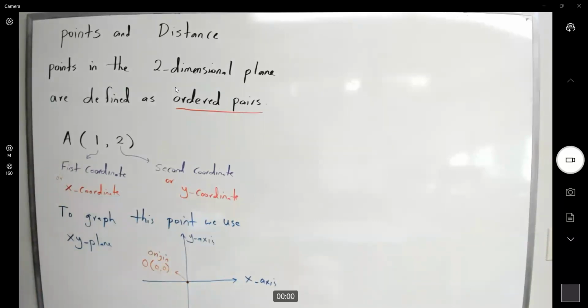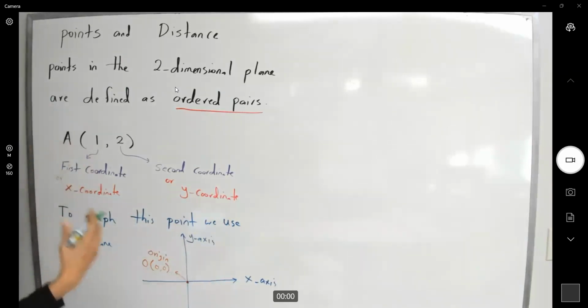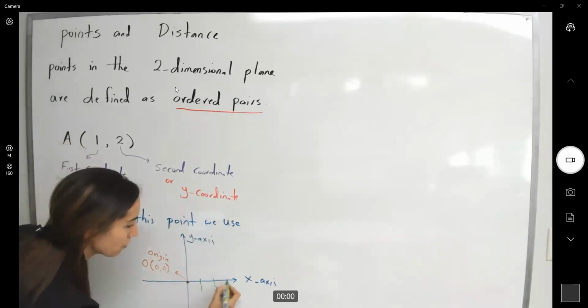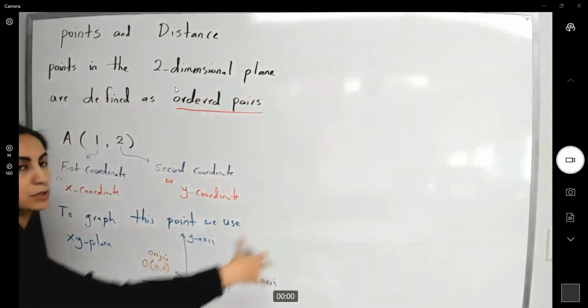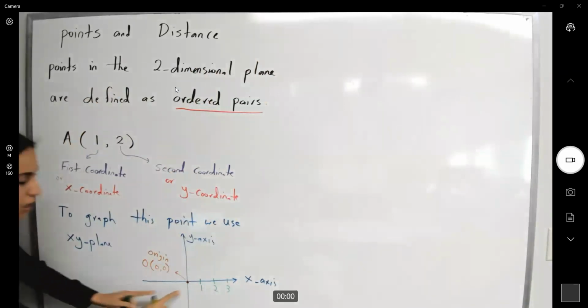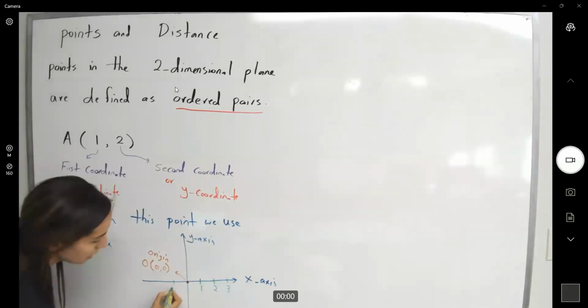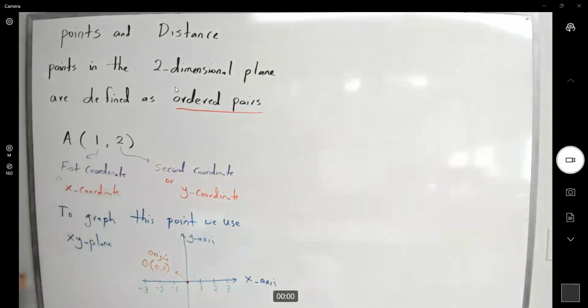Well, now we start scaling the x-axis and y-axis. On the right-hand side of the origin, we have positive numbers like 1, 2, 3, and so on. It keeps going to positive infinity. On the left-hand side of the origin, we have negative numbers: -1, -2, -3, and so on, to negative infinity.